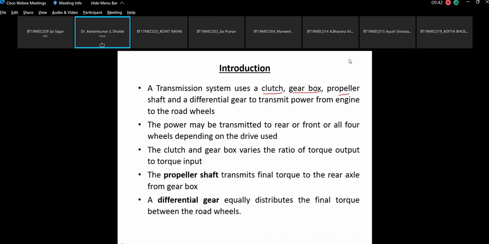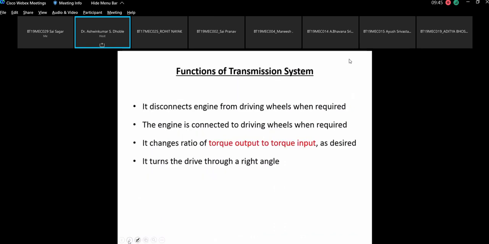Now, in the next slide, we are going to see the function of the transmission system. It disconnects the engine from the driving wheels when required. This is the function of the clutch. The engine is connected to the driving wheels when required. Again, this is the function of the clutch. Please understand that normally the clutch is engaged. Whenever you press the pedal, then and only then does the clutch get disengaged and you are able to shift the gear.